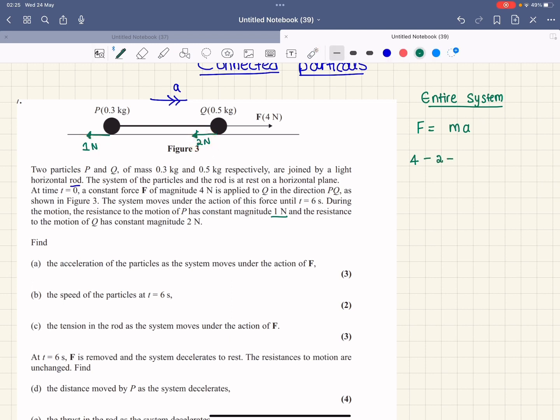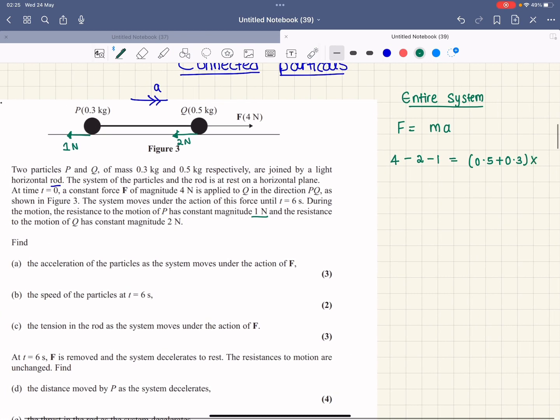So in essence, I'm only giving 4 minus 2 minus 1. That's the resultant force that I'm giving to this system for it to move. The mass is the total mass 0.5 plus 0.3.